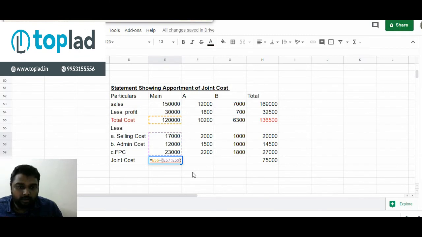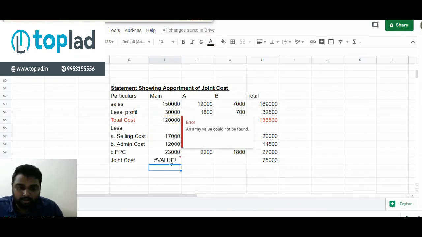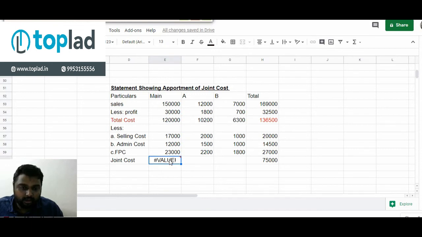From the total cost, we have to reduce all the other separable costs, and we will get the answer. So what will be the answer? 68,000. The same pattern will follow for A and B.